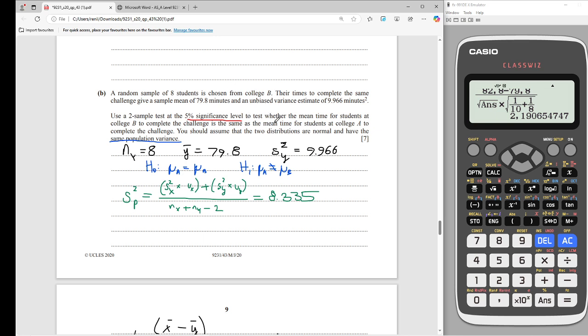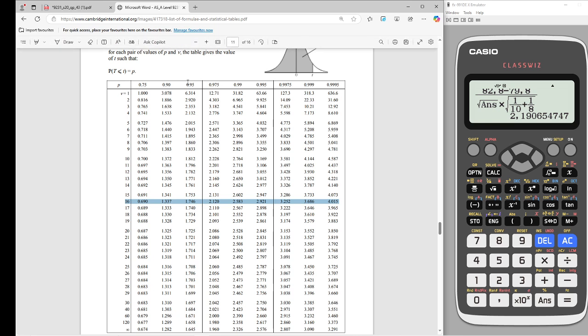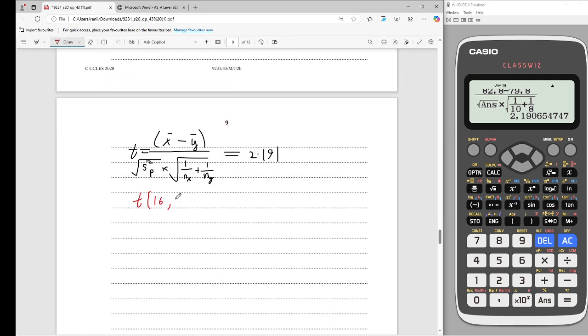That means you just do 1 minus 0.025, which will be 0.975 here, and our critical value is 2.120.